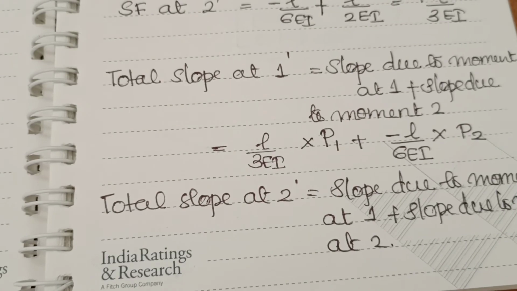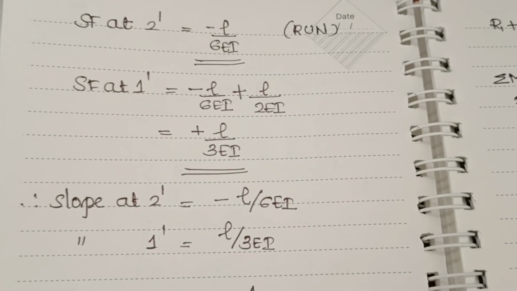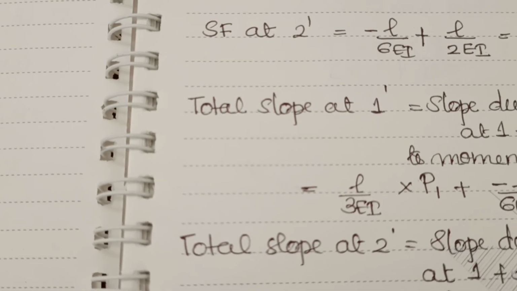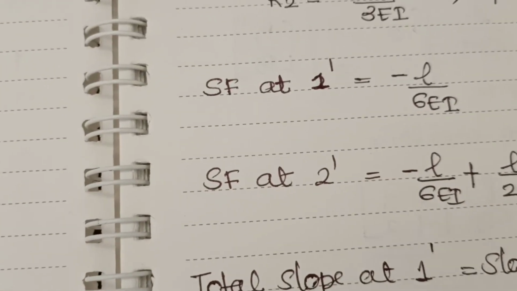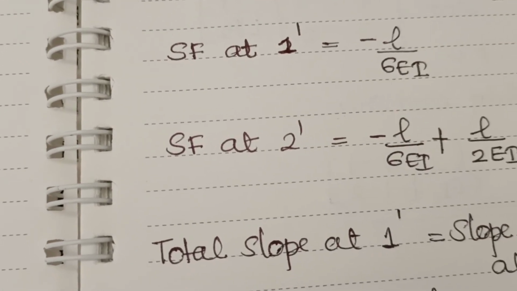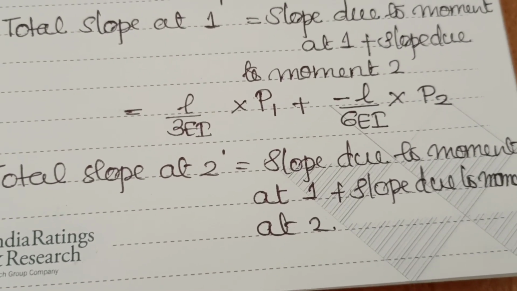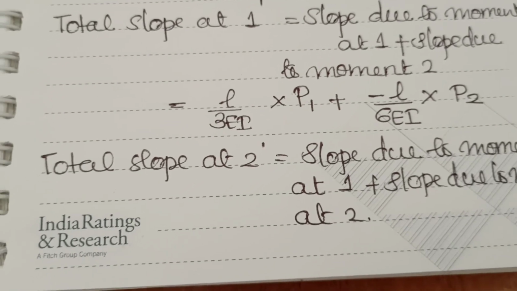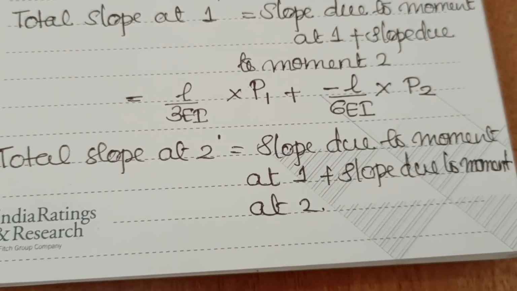That is, slope due to moment at 1, the value will be L by 3EI into P1, plus slope due to moment at 2. What we get is minus of L by 6EI into P2. Hence the total slope at 2 dash is also found like this.